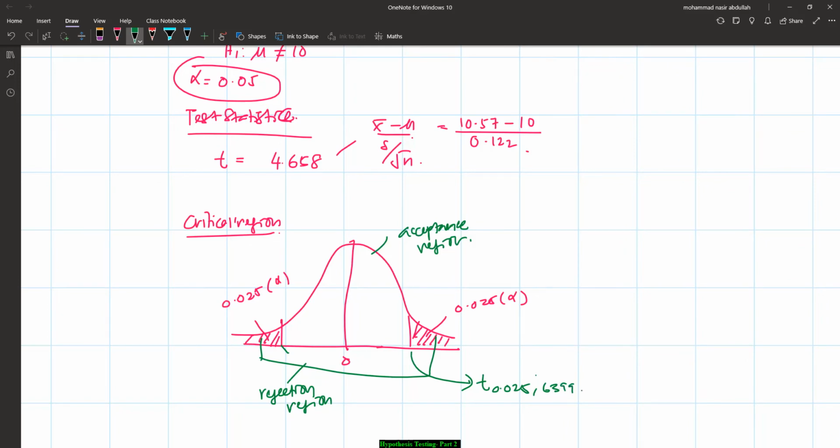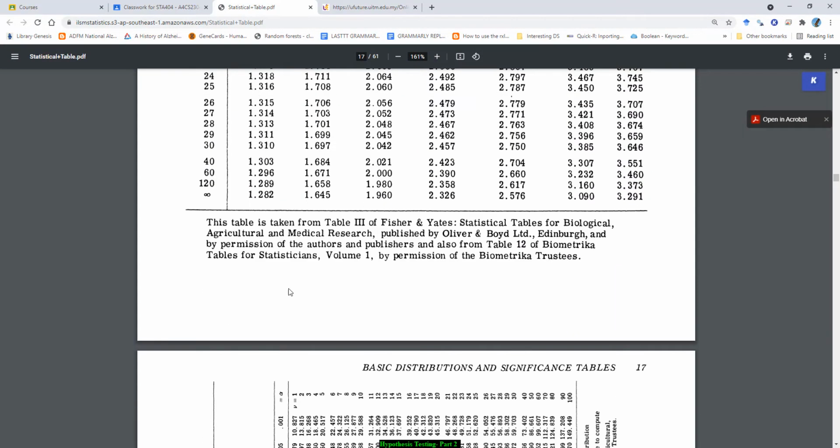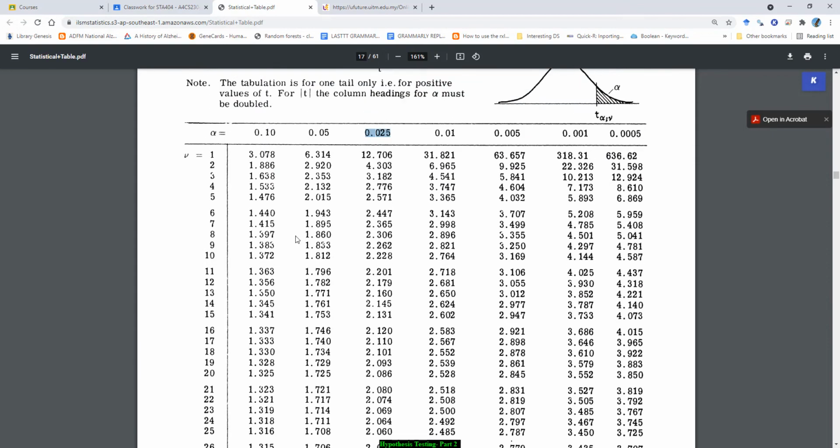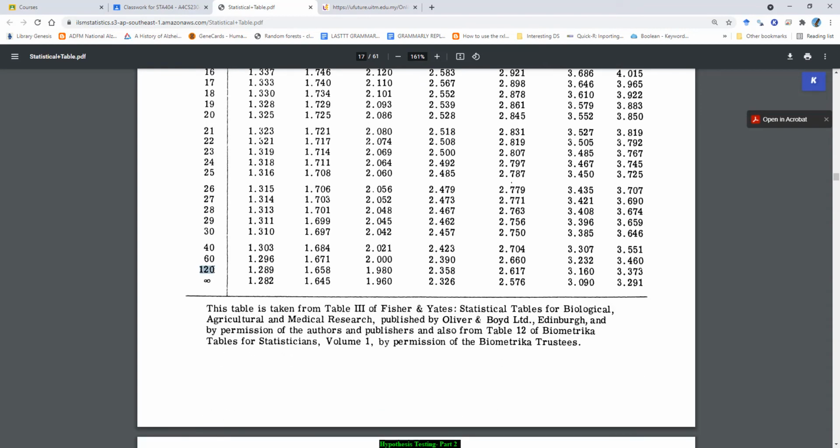6399. But if you look into statistical table, right? 0.025, we don't have much degree of freedom dekat sini. So dia apa yang dia buat 1 until 120, right? And then they put infinity.